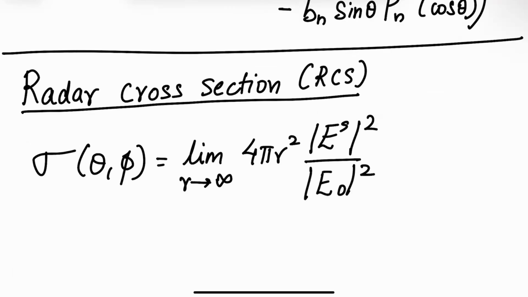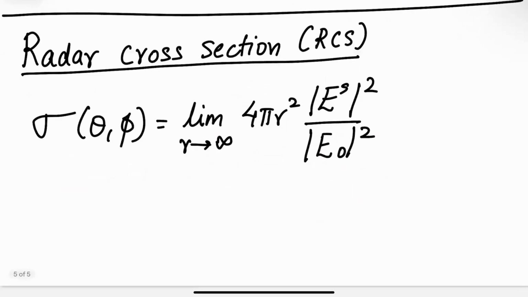This is not exactly the definition. The definition of the radar cross section is the ratio of the scattered power divided by the incident power density. We know the incident power density is basically this, and this is related to the scattered power, so this is an expression you can derive. Really, the radar cross section is much more complicated than this. This is what is called the monostatic RCS.